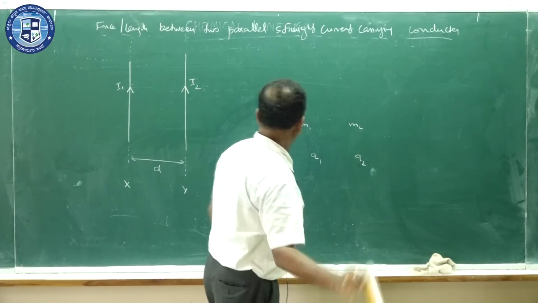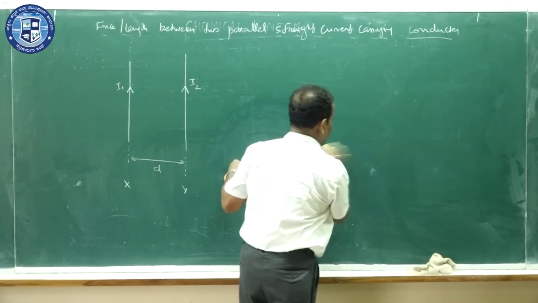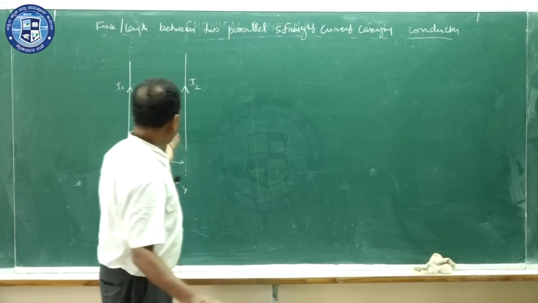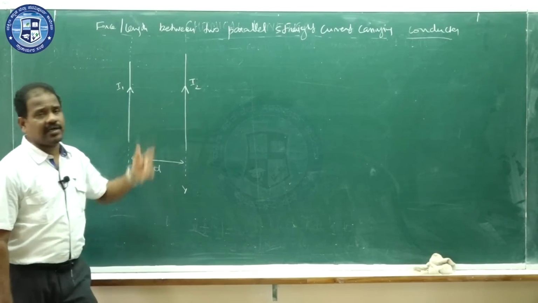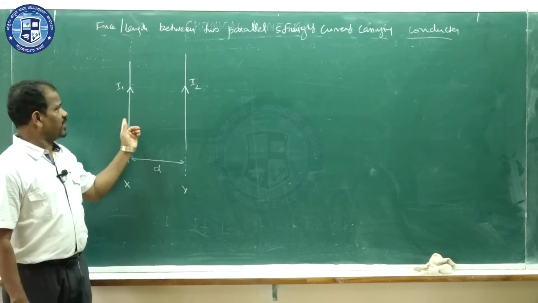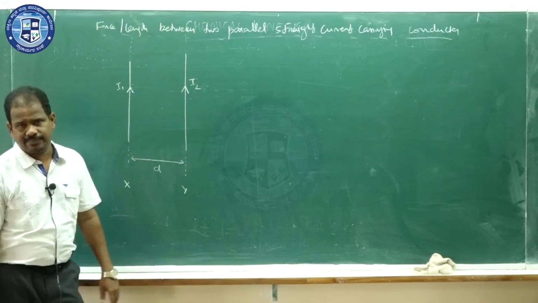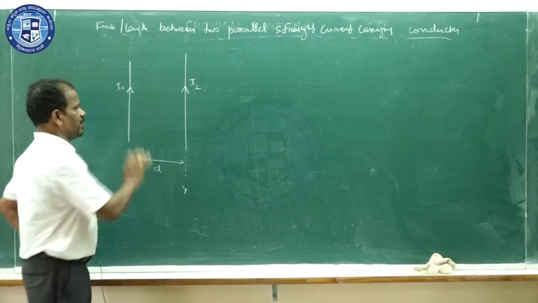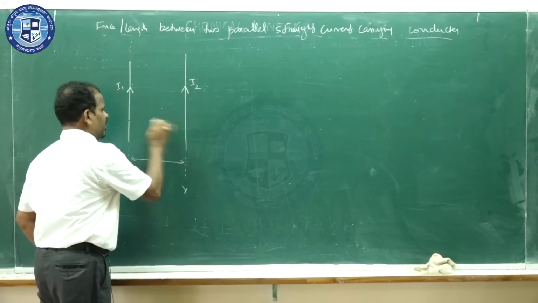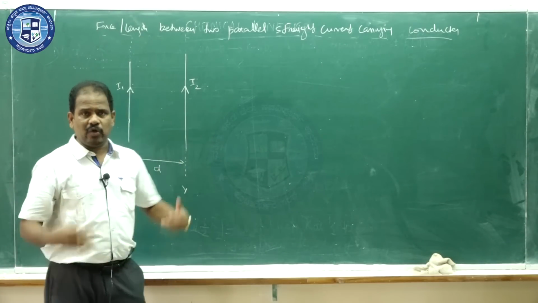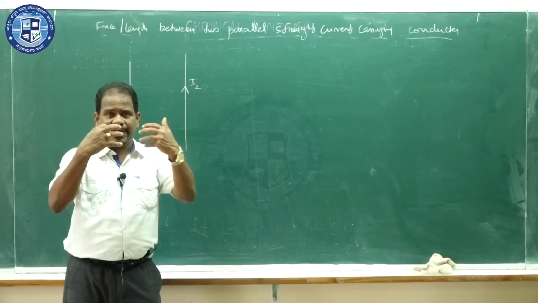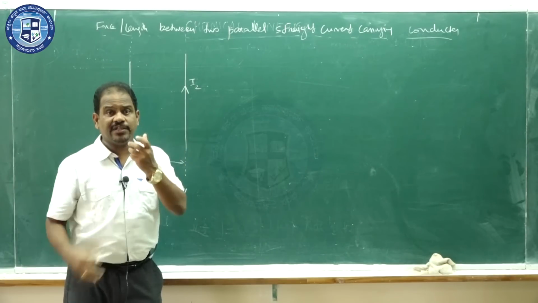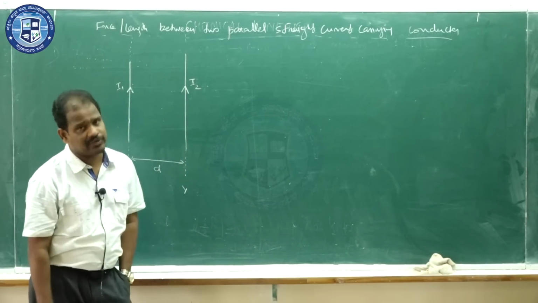Similarly, take these two current carrying conductors. Surrounding the current carrying conductors, there is a magnetic field. There is a magnetic field surrounding this one, and a magnetic field surrounding this one. Because of the interaction of these two magnetic fields, there is a force, and that is called magnetic force.